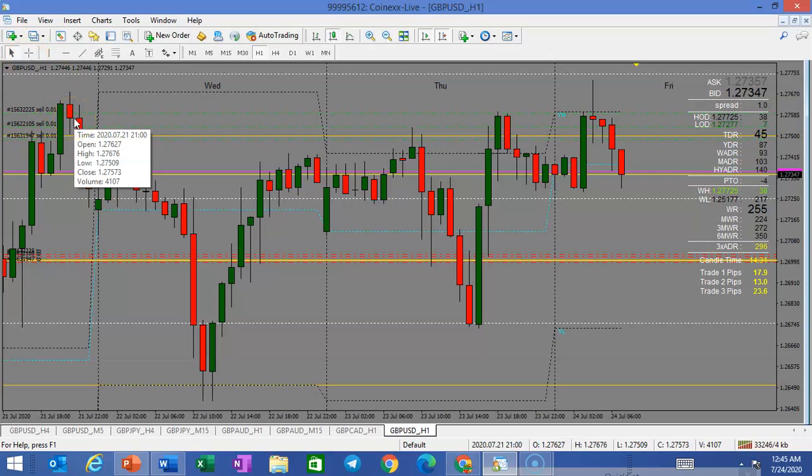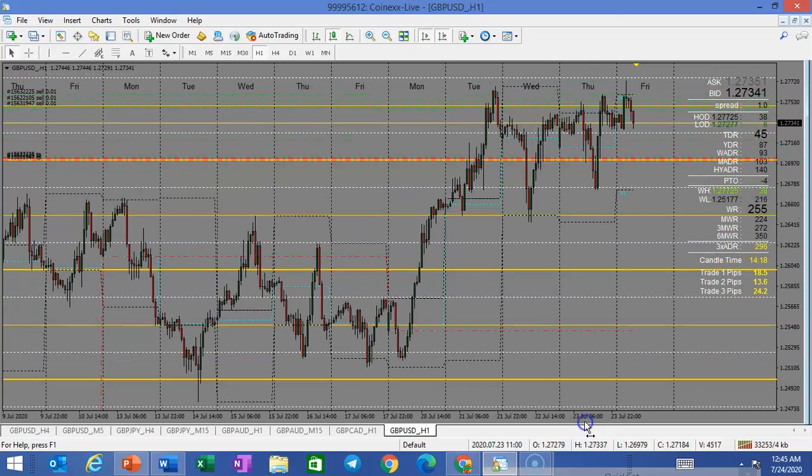So it is a fair assessment to say that we will continue to retrace this impulsive move up, right? Because this is our weekly open. Price on Sunday started all the way down here and came all the way up here by Tuesday. And so now we're looking at price continuing to go down and retrace.